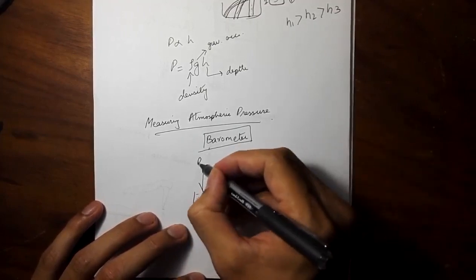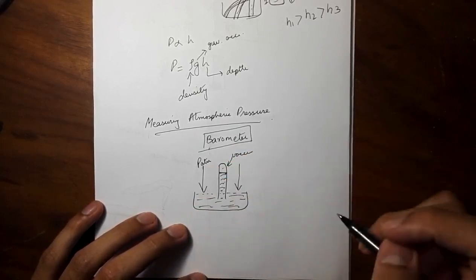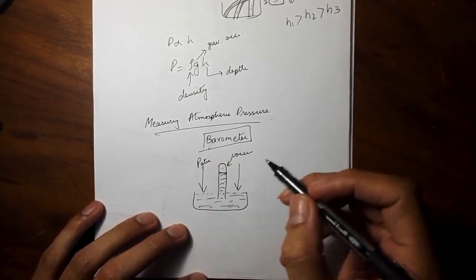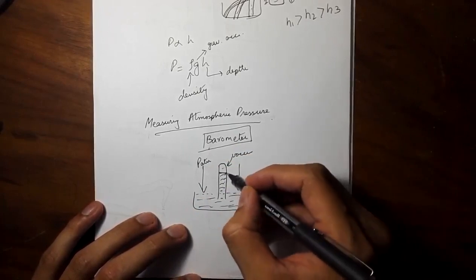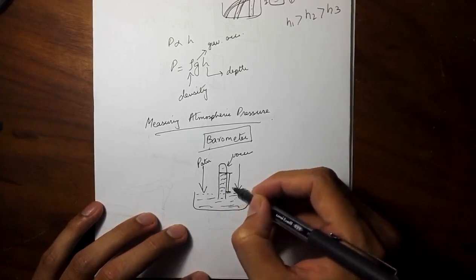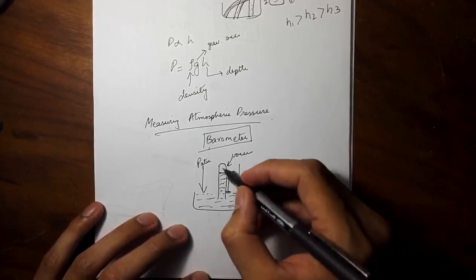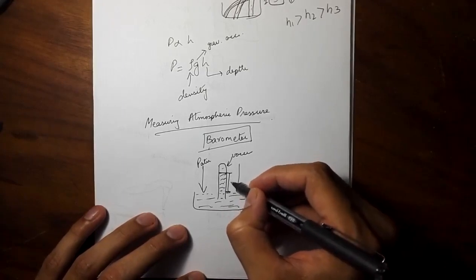Over here there is atmospheric pressure. I write it as P ATM in subscript. Okay, so after the application of atmospheric pressure, we can measure the length from the surface of mercury to the surface of mercury in this tube. Let's suppose this length is H.